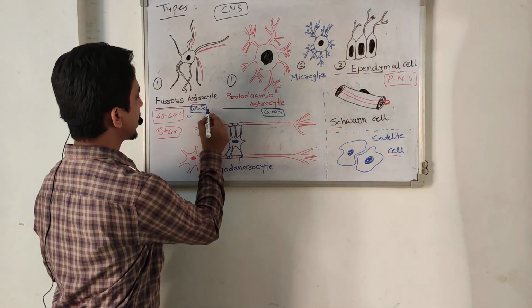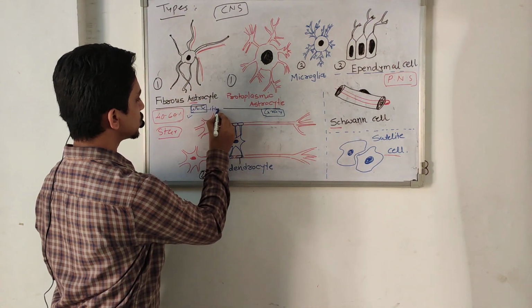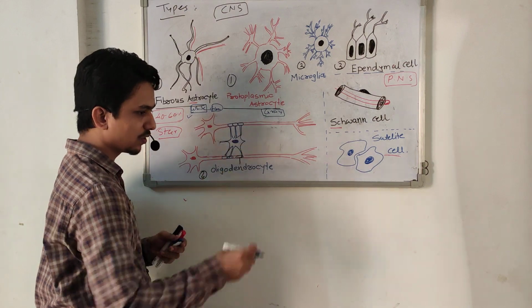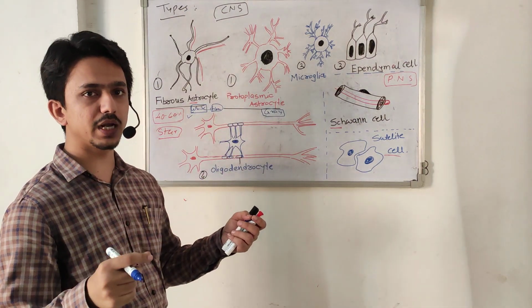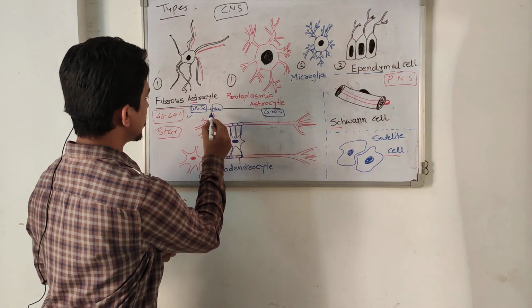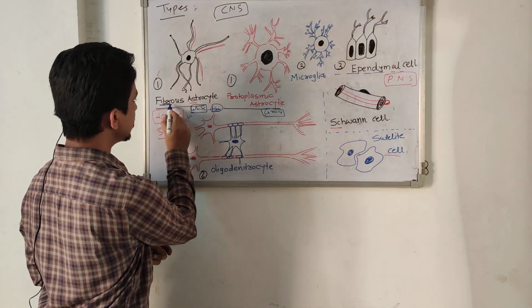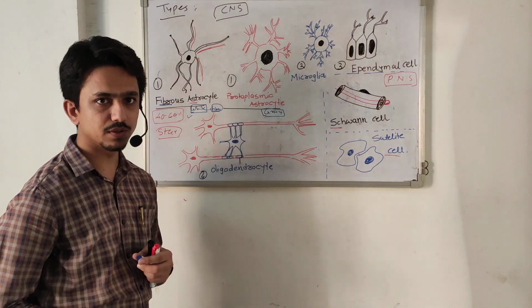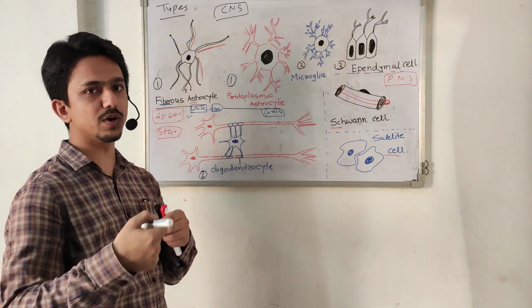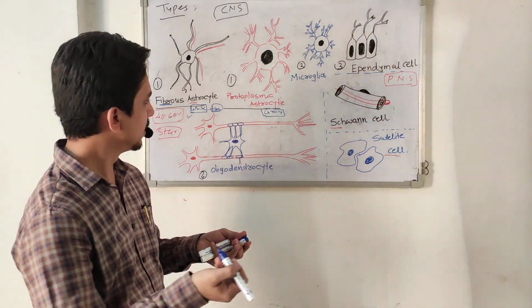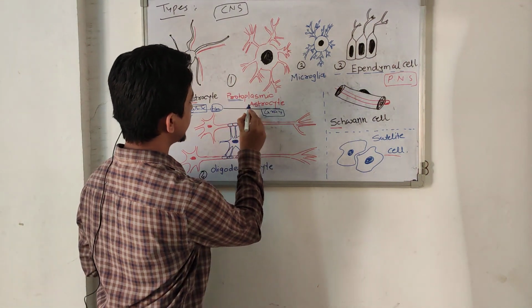Long axons together are ultimately called fibers. So fibers and fibrous, now you can memorize. Fibrous astrocytes remain in fibers. Fiber is white matter, and protoplasmic remain in gray matter.